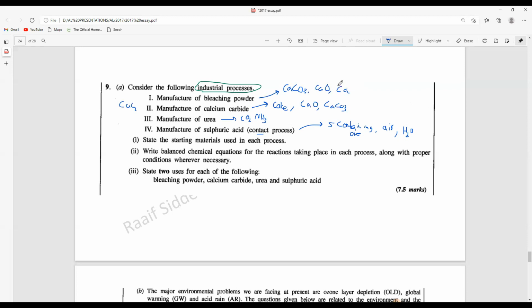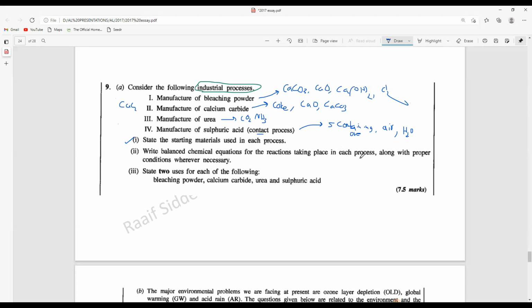Then you add water to get calcium hydroxide, which is typically called slaked lime. And additionally, you need chlorine gas as well. This is the final step of the reaction, right? So all these starting materials are needed.